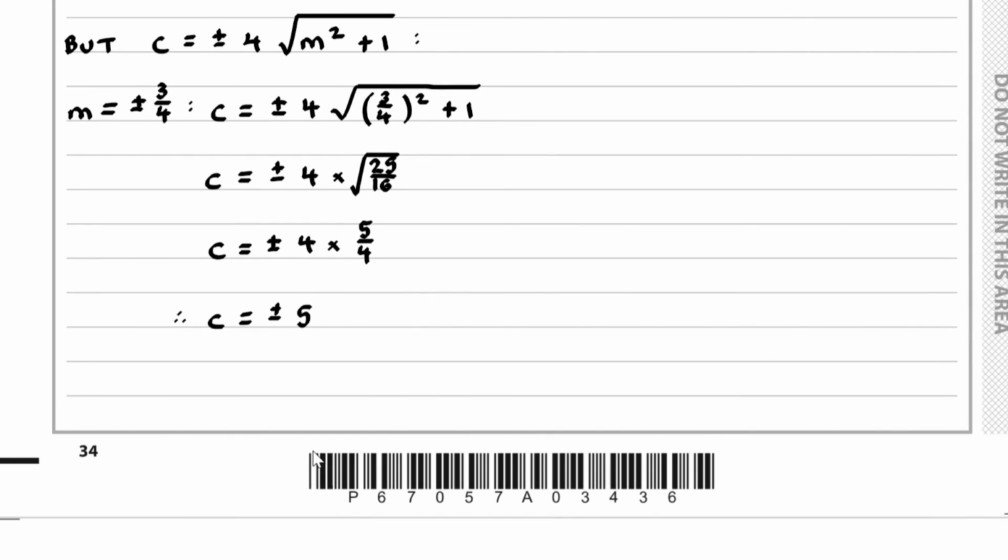And a similar idea when m is equal to 7/24. c would equal plus minus 4 times by 7/24 squared plus 1 square rooted.